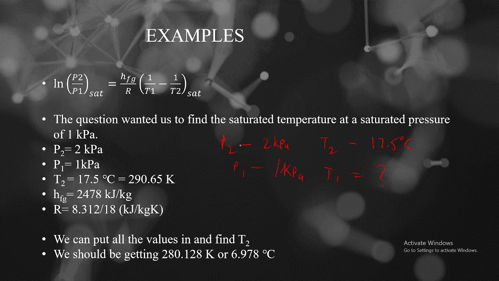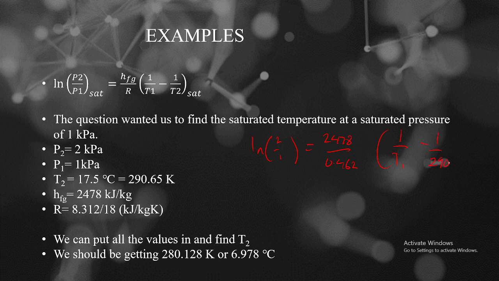So I can put all these expressions in there now so that I have ln P2 over P1, which is going to give me ln 2 over 1, to be equal to my HFG, which is 2478, over my R, which should be the 8.314 over 18. That's, I think, 0.462, times my 1 over my T1, which is my unknown, minus my 1 over my T2, which is 17.5 degrees Celsius.